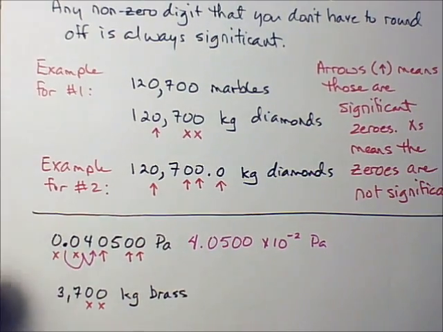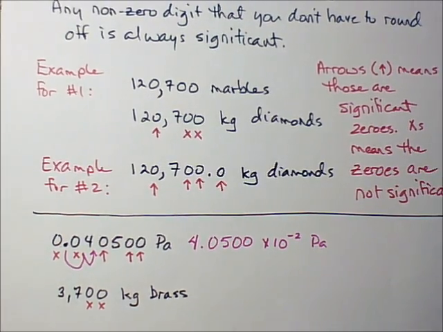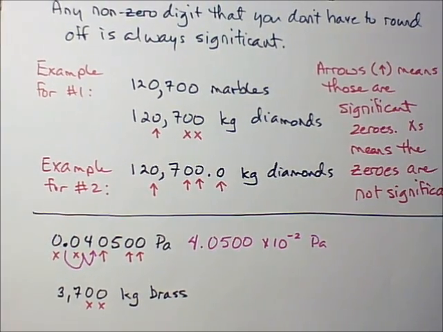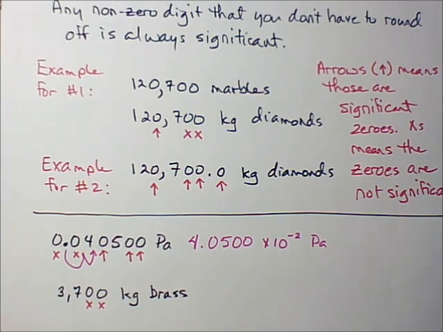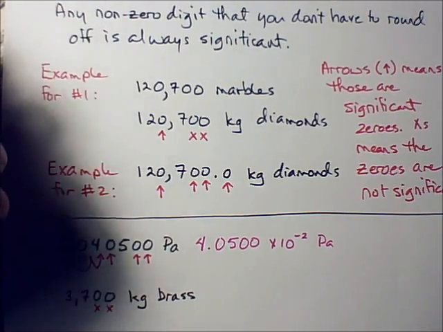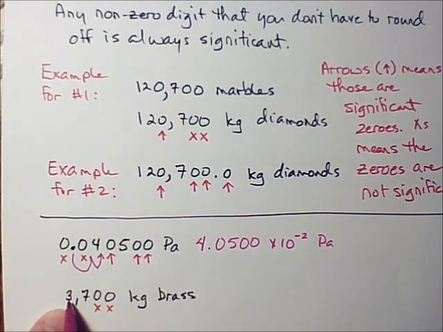All right. Now, do I need more examples, or are you guys kind of on track here with this? Do you want me to give you some more examples or not? Would you write it as 37 times 10 to the second? 3.7 times 10 to the third. Okay. What he's asking is, if we're writing it in scientific notation, how would it go? Well, I got to have my decimal place just to the right of the first non-zero digit.